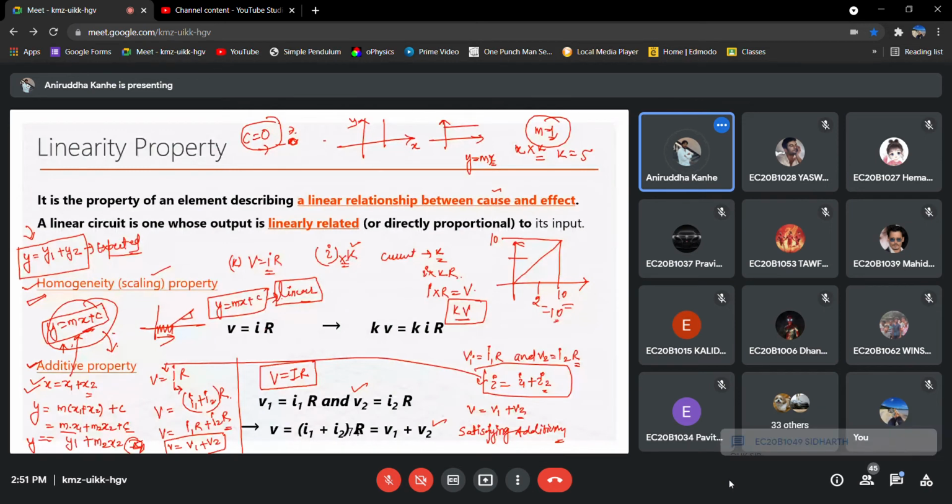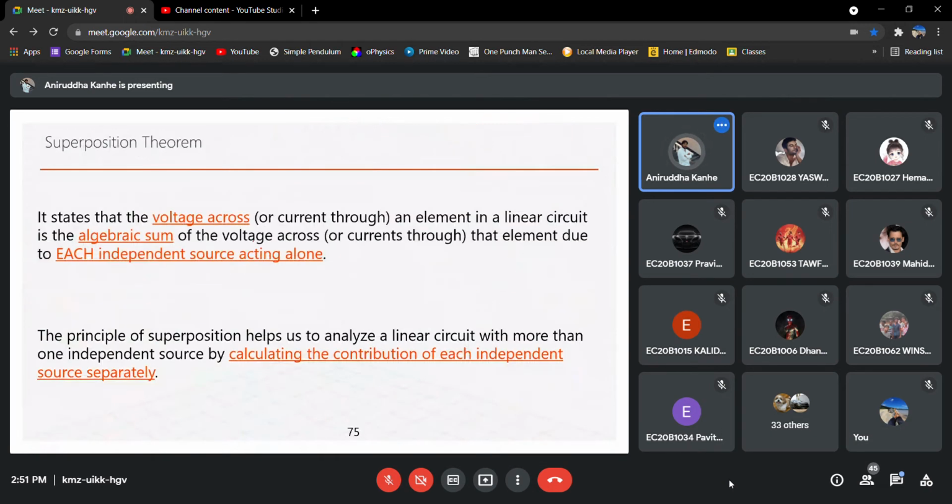Okay, so now what is the superposition theorem? The superposition theorem states that the voltage across or the current through an element in a linear circuit. Now, what is a linear circuit? A circuit which comprises linear elements. Now, what are your linear elements? What are the different elements you know? Let us start with this. You know resistance.